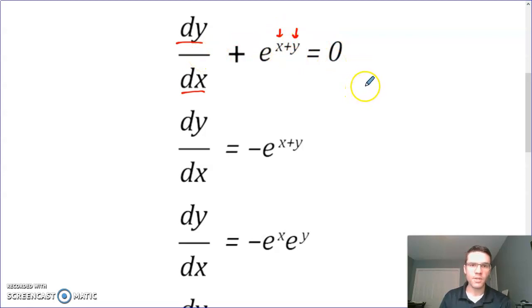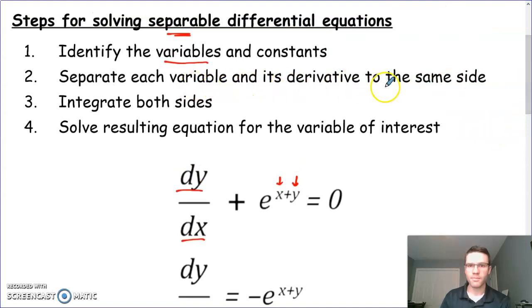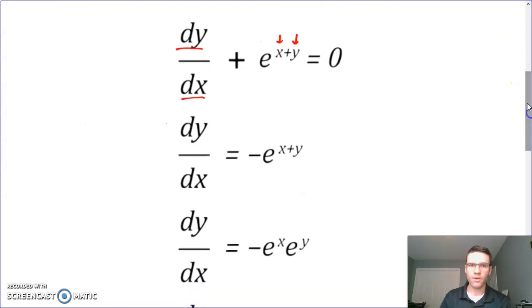And we've moved to step 2, start separating your variables. You want your variables to be on the same side of the equation, and right now we have dy and dx on the left and nothing on the right. So the way to separate these, we want dy and y on the same side and dx and x on the same side, and you want your derivative to not be in the denominator. So you'd multiply this dx on the other side.